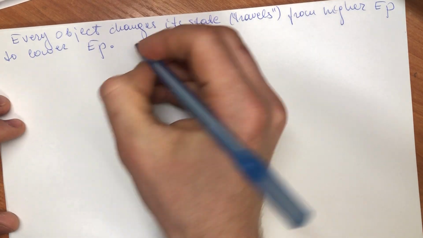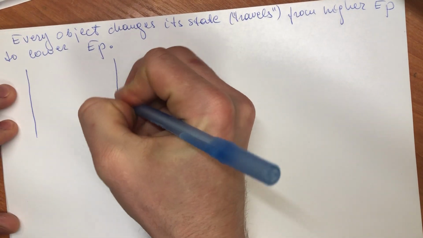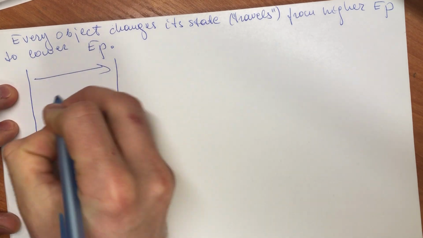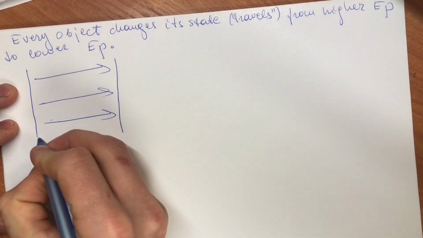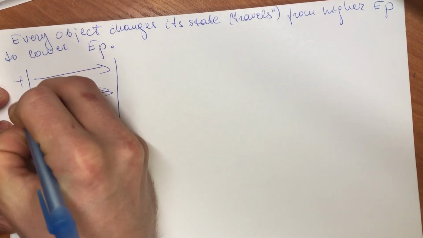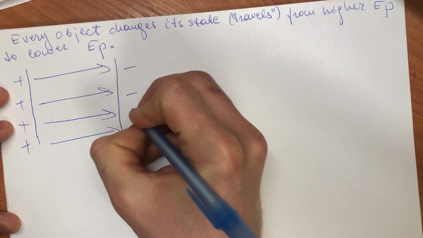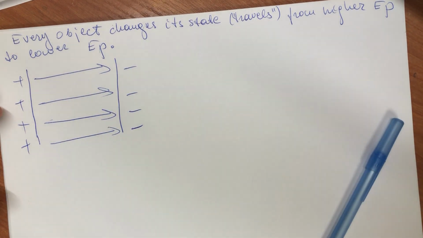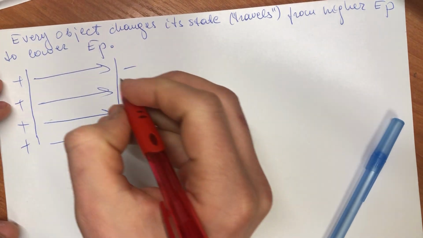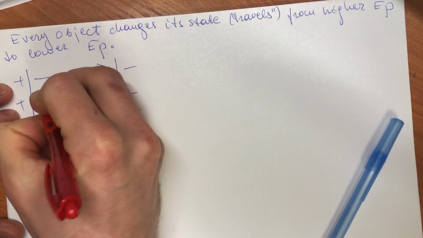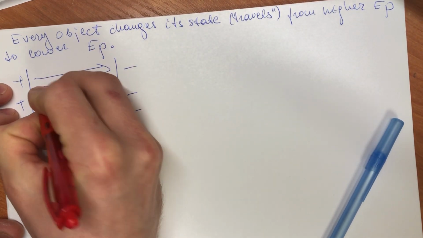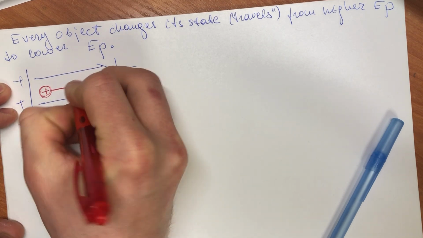So imagine we have two parallel plates. We have plus here, minus here, and we have a small positive charge that is moving in this direction.